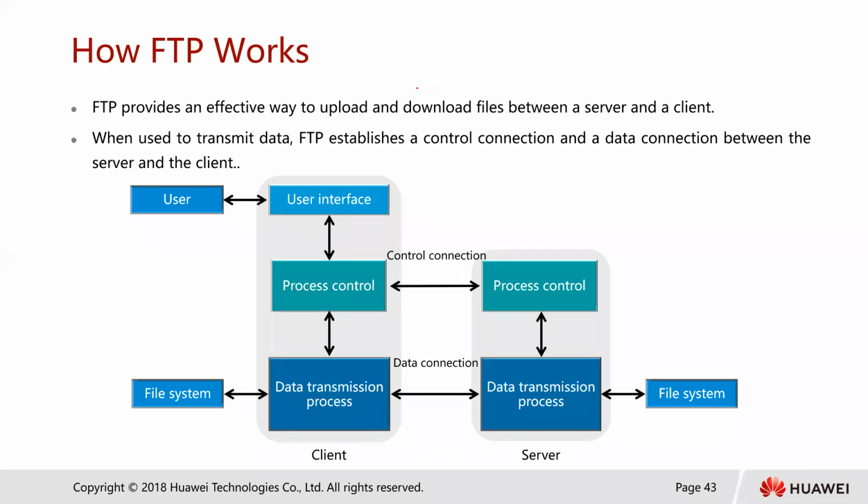The FTP server waits for the FTP client to send a connection request. The FTP client enables a random port and then sends a connection request to the FTP server. The control connection is used to transfer control commands between the server and the client.